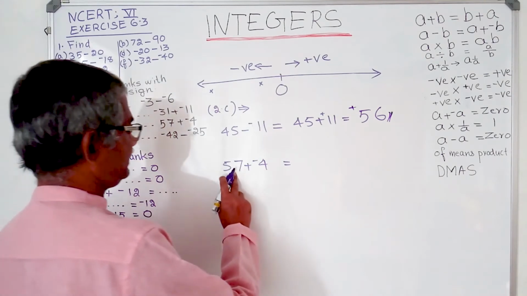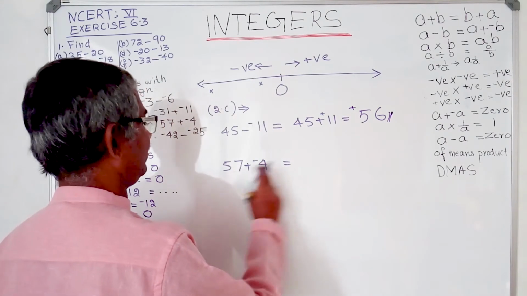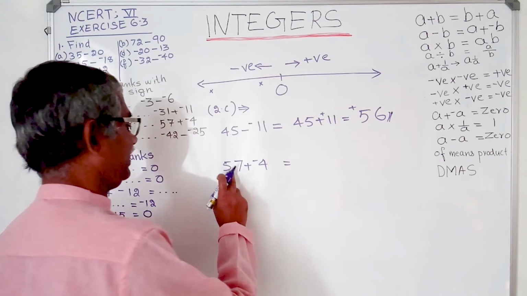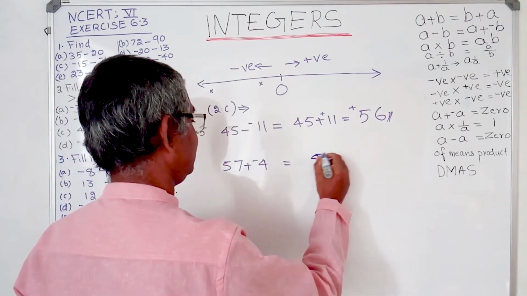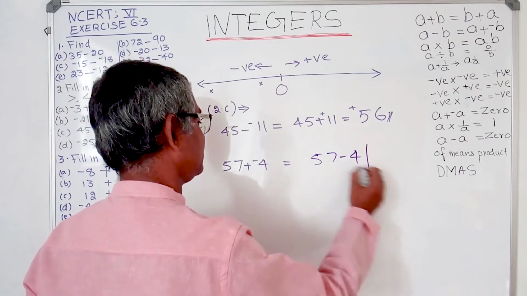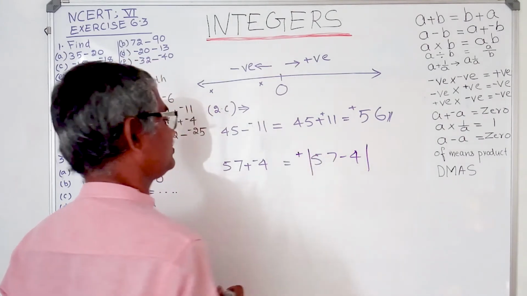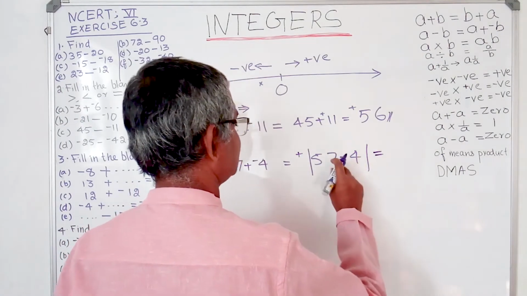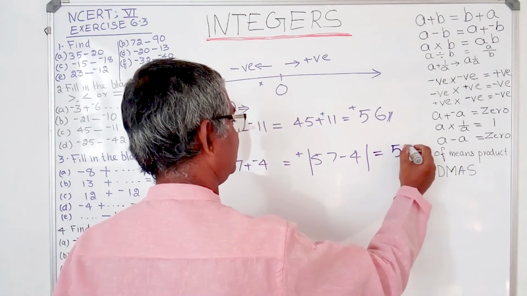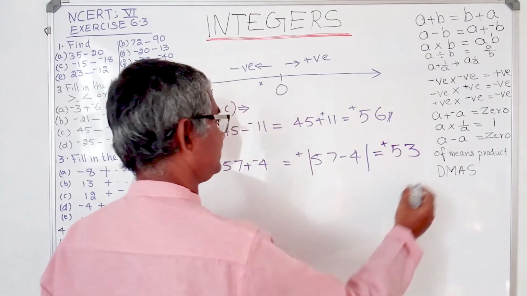Again 57 minus 4 it is. Because one is positive, the other is negative, taking the difference of absolutes, put the sign of the larger absolute, you are getting 57 minus 4, 53, positive 53.